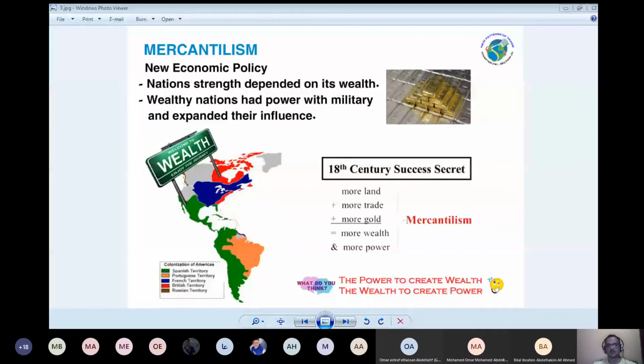So let's go on. For mercantilism, the nation's strength depended on its wealth. More land, more trade, more gold will mean you're going to be the strongest and the most powerful nation.